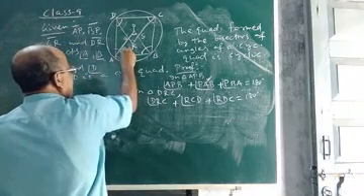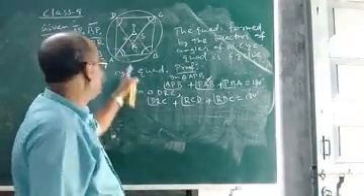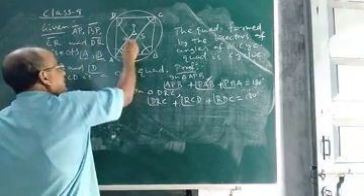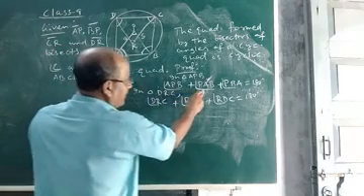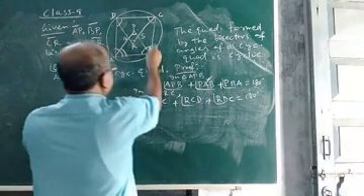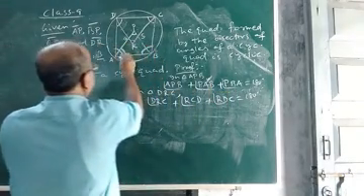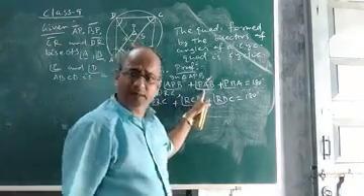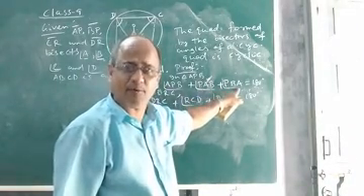PAB is half of angle A, because AP is the bisector of angle A. So in place of PAB, we can write half of A. Similarly, in place of PBA, this small angle, we can write half of angle B.